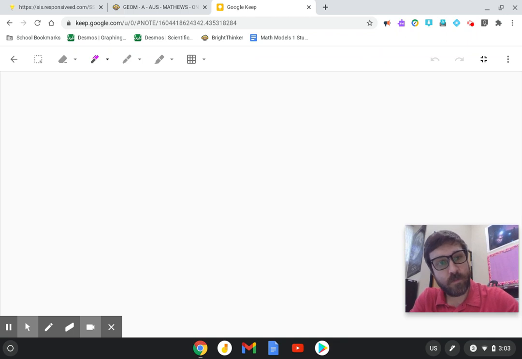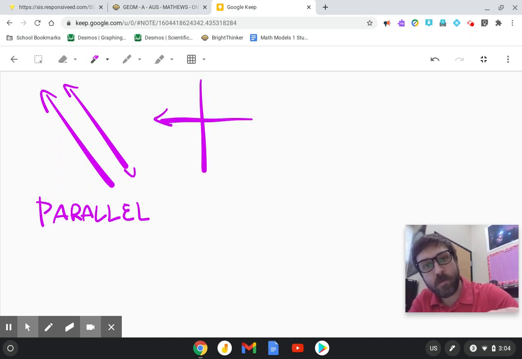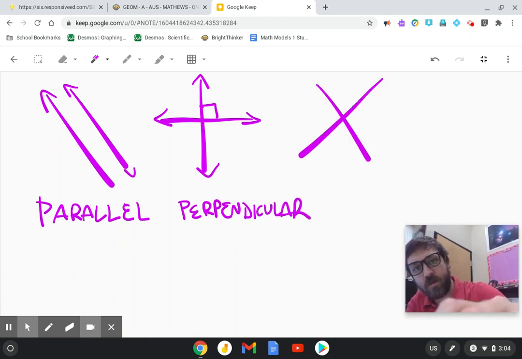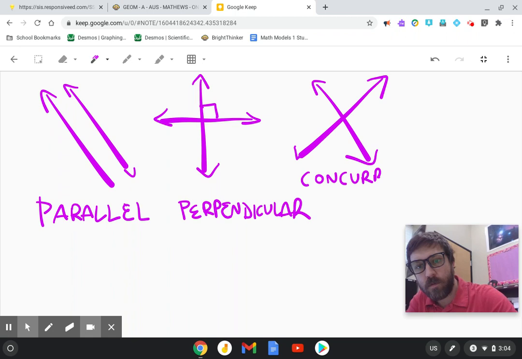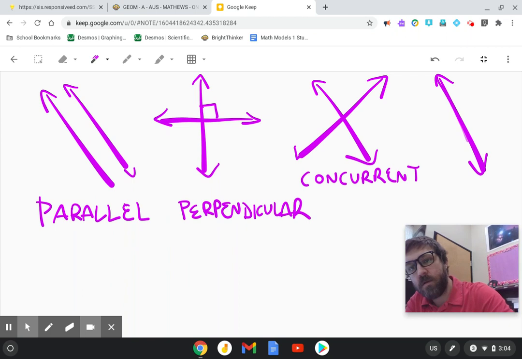We had parallel lines, we had perpendicular lines, we had just plain concurrent lines, and we had lines that were the same.